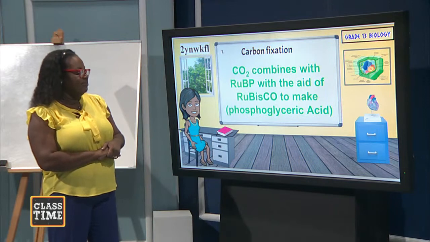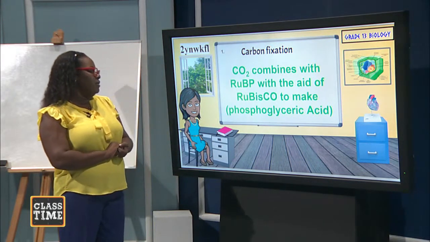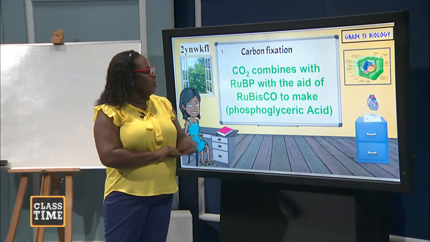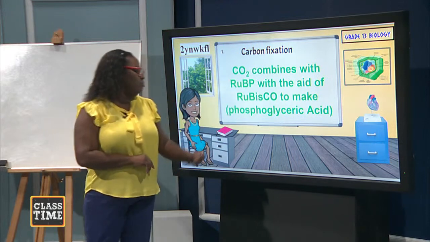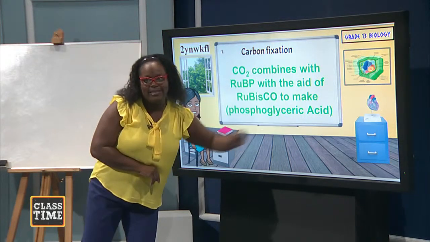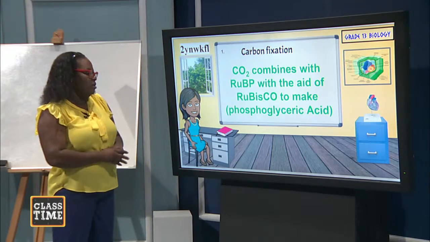So just a little recap. Carbon fixation is the first part of the process, which is CO2 combines with your RuBP with the aid of rubisco to make your phosphoglyceric acid, the PGA that was written on the other slide.